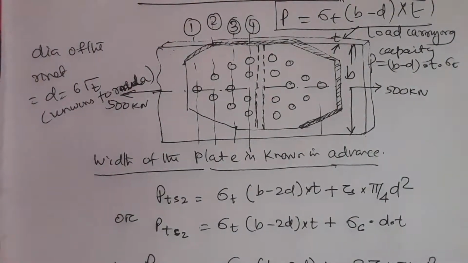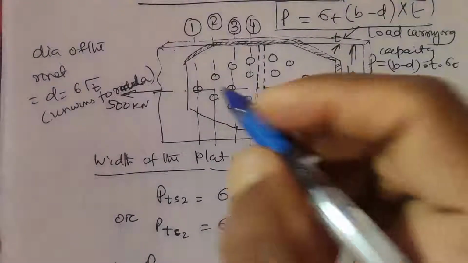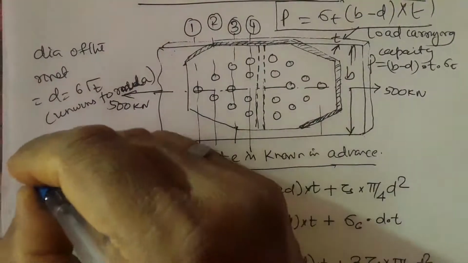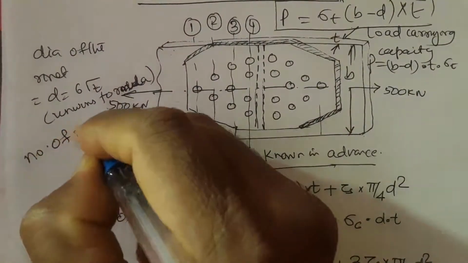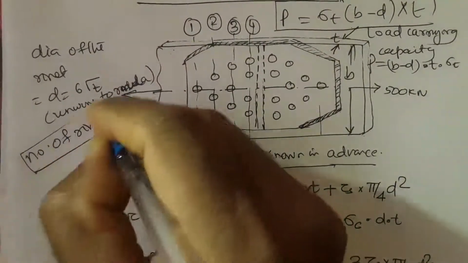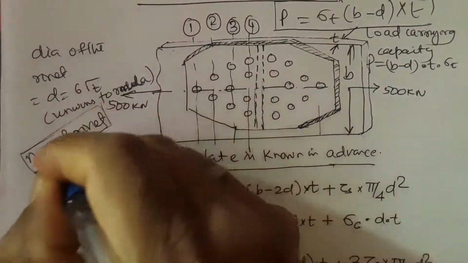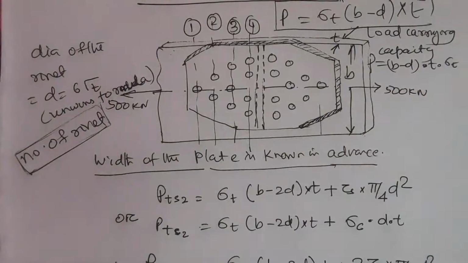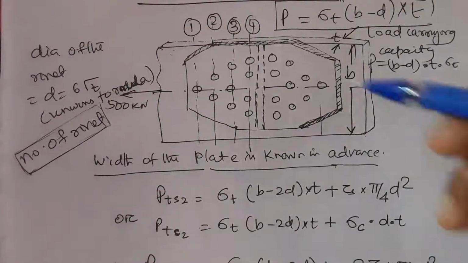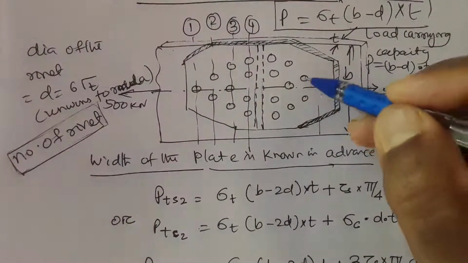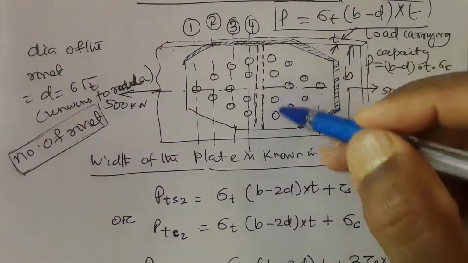Or Unwin's relationship. But in this case, the important design parameter is the number of rivets. Once you find out the number of rivets, you have to arrange them in rows: 1, 2, 3, 4 like that.